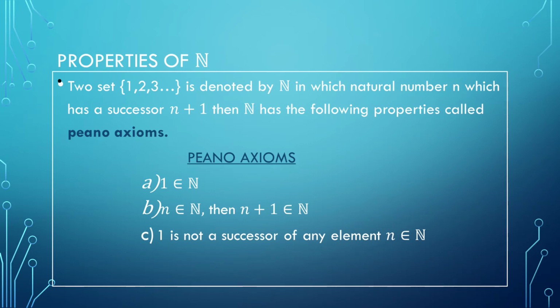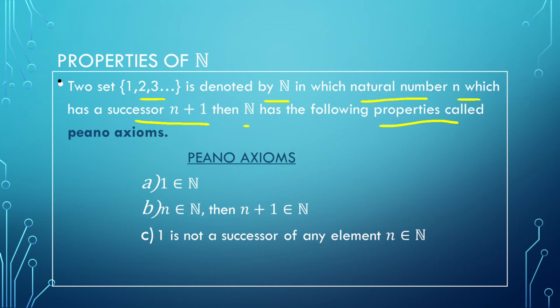Okay, so let's start with the first thing. First, in the subdivision, those are the properties of natural numbers. We have a set in which every natural number n has a successor n plus 1, and then we say that it has the following properties.